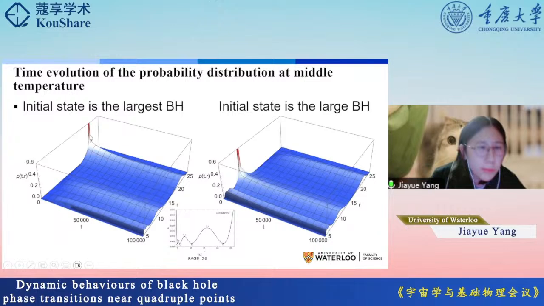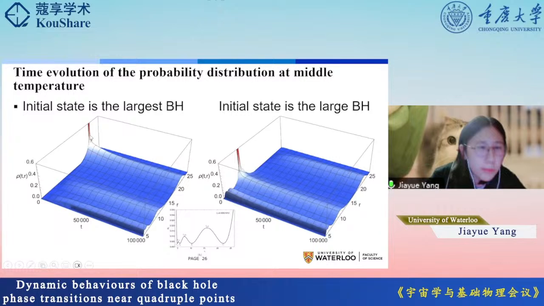So this means that the probability of the initial state can leak to the other three stable phases. And as we can see, after a sufficiently long time, like the time here, the largest black hole probability will decrease to the other three states, to the large black hole and the small black hole and also the smallest black hole.